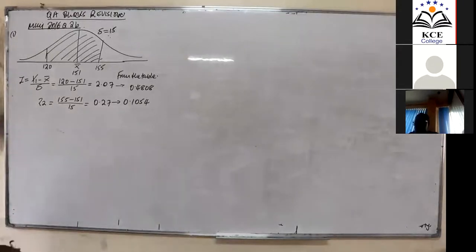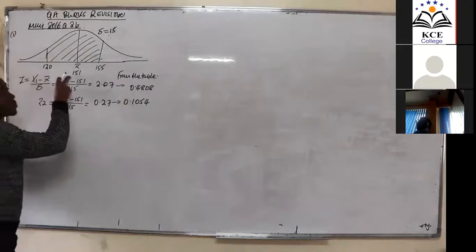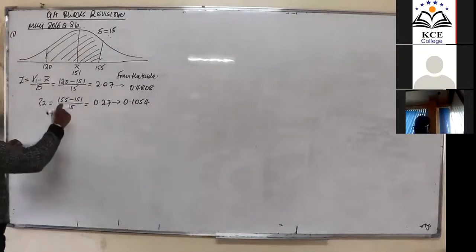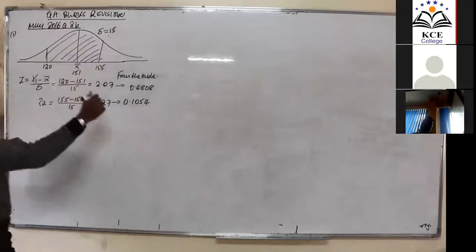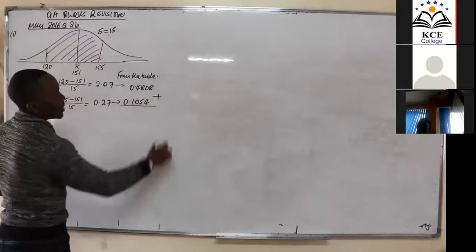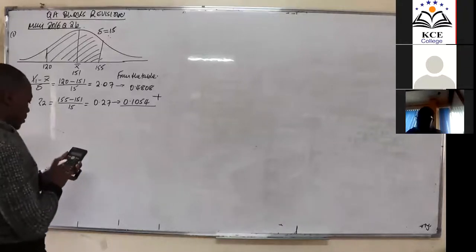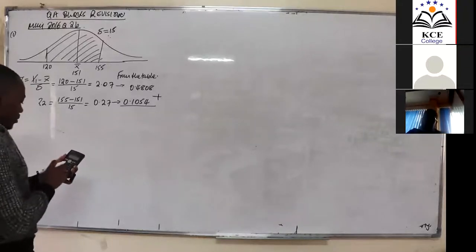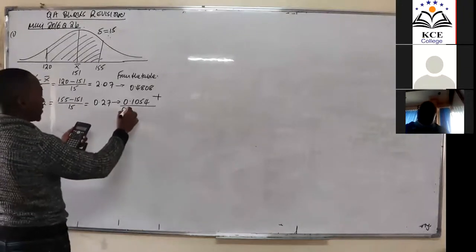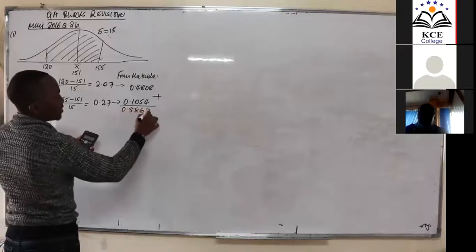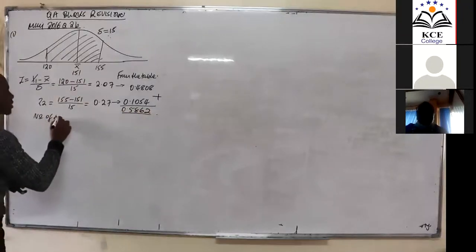So the first one we got is the probability between 120 and 151. Then the second one is between 151 and 155. So to get the combined probability, you just sum up the two probabilities. And what do you get? The probability of lying in between 120 and 155 is 0.5862. That's the probability. But we are looking for the number of tins.